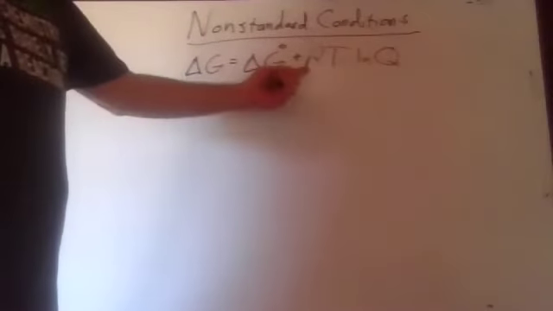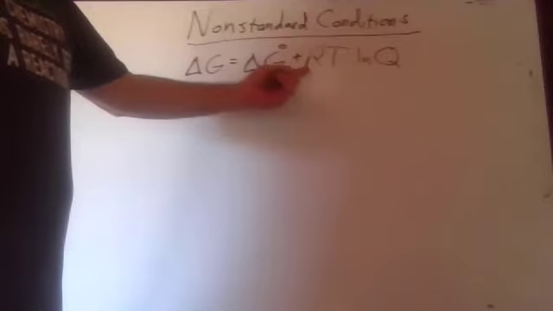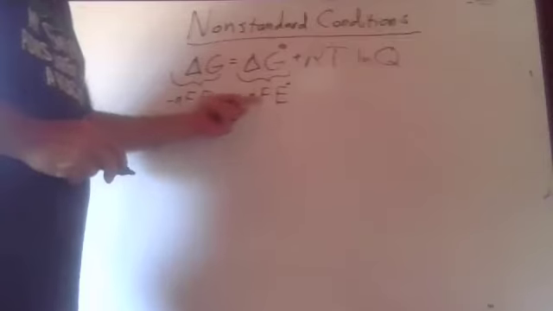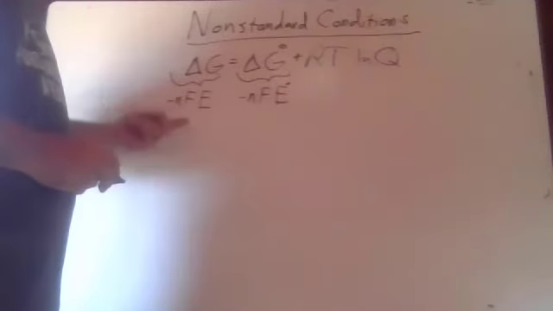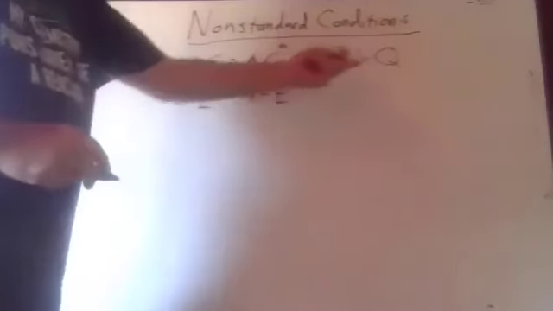These are initial conditions. Okay, so we worked with that formula in the last chapter. R here is the gas law constant, 8.314. T is the temperature in Kelvin. Standard delta G and the standard potential. We have the non-standard delta G and the non-standard cell potential, and then keep the rest of it the same.